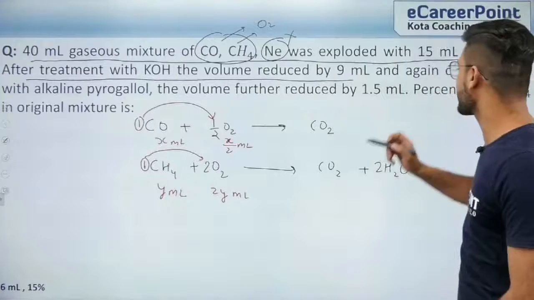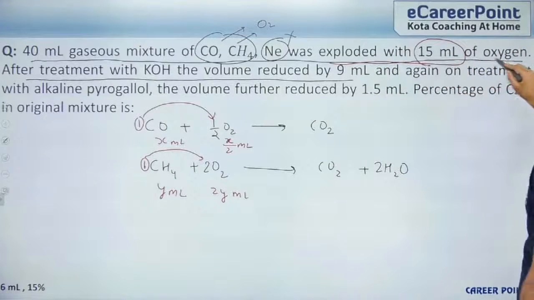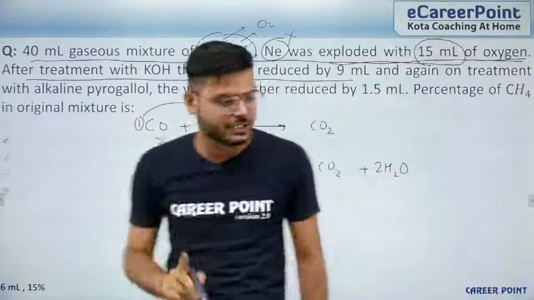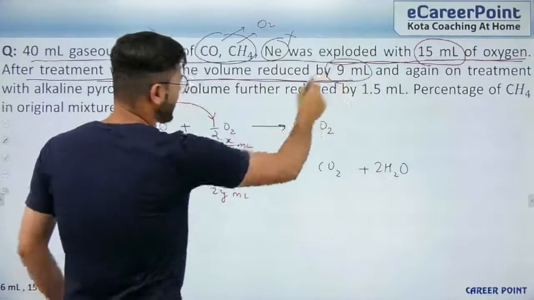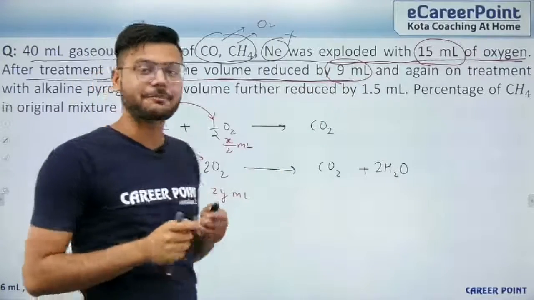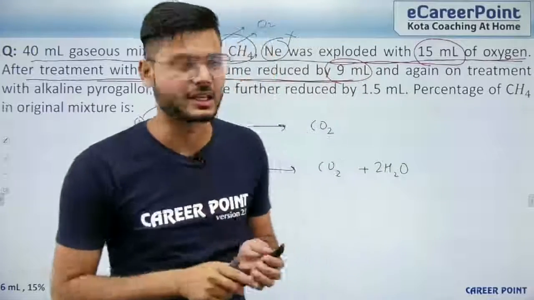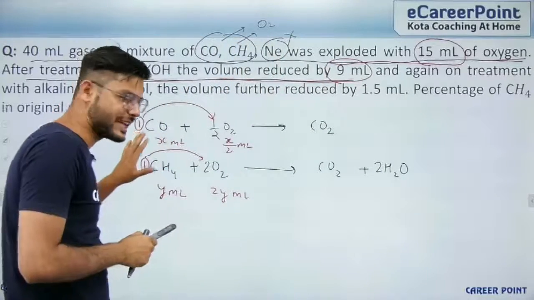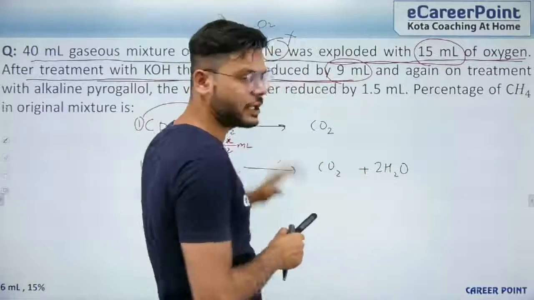Now read this line. This is exploded with 15 ml of oxygen, and after the treatment with KOH, the volume reduced by 9 ml, which means there is some gas which is absorbed by KOH. What that gas could be? So that could be carbon monoxide, CH4, carbon dioxide, water and neon.